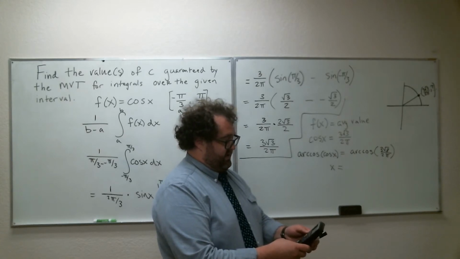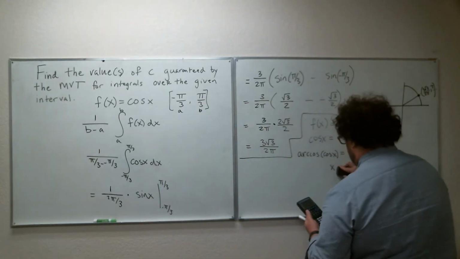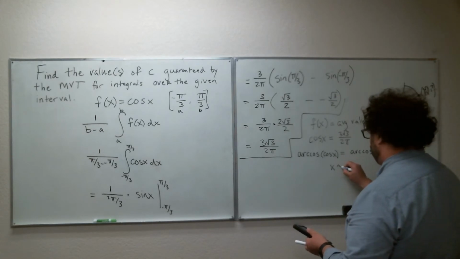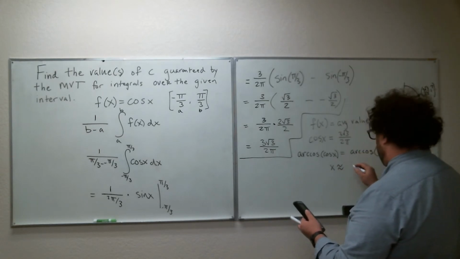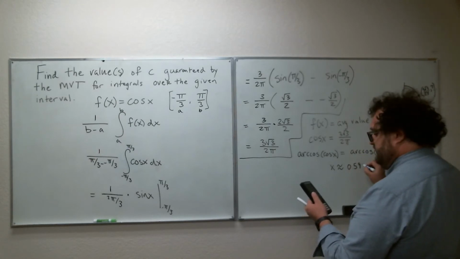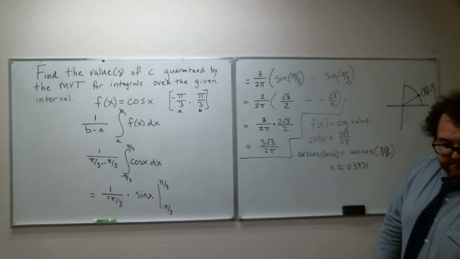So let's see, I think I've typed that incorrectly, and I shouldn't say equals here. I should say approximately equal. Let's see, I'm going to round this to 4 places, I think. 0.5971 if I round to 4 places.